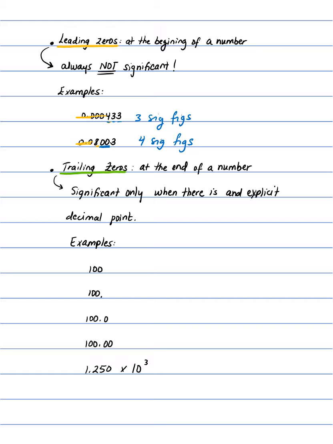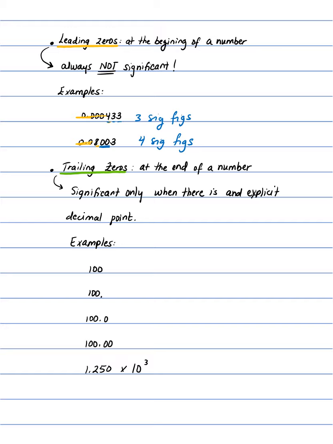There's an easy way for you to determine if your trailing zeros are significant or not. Now, trailing zeros are all the zeros that you can have at the end of a number. So you're looking at the number, the last digit different from zero, and then any zeros that you have after that digit are going to be trailing zeros.